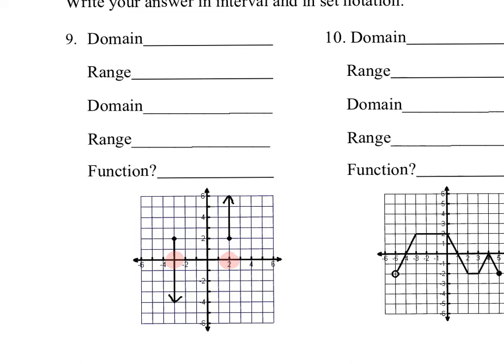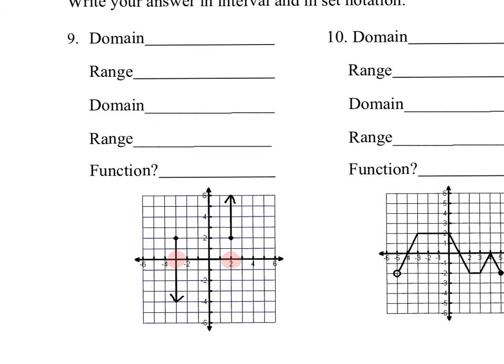So the way we would write that up top is -3 union 2, okay? Because it's either -3 or it's 2. It's not any other x value.